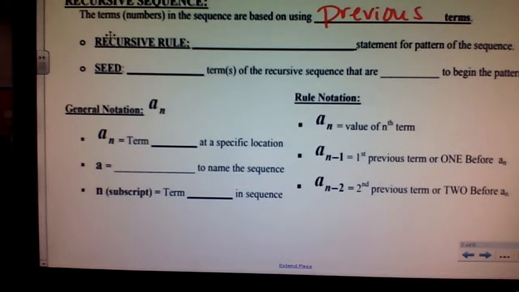I need the now before I find the next. So we can write an equation, and that's what you did with next equals now. That's called your recursive rule. This is an equation statement for the pattern of the sequence.